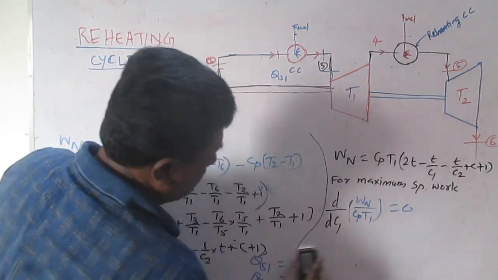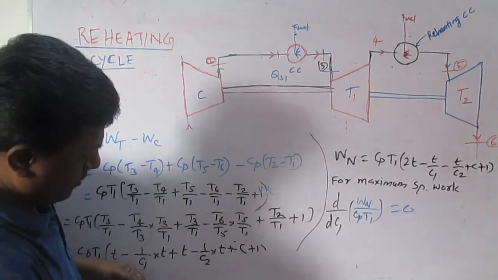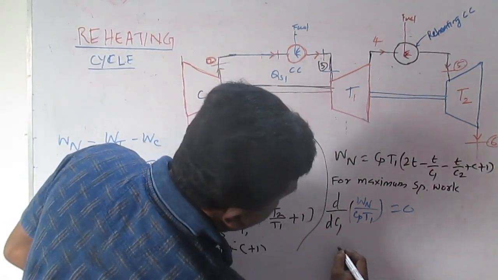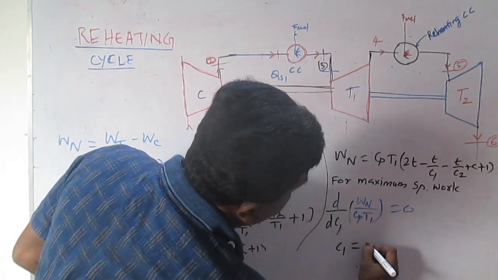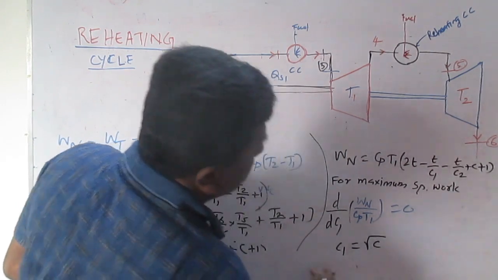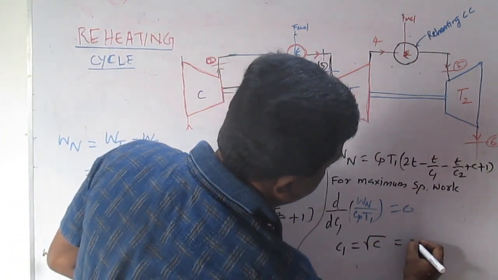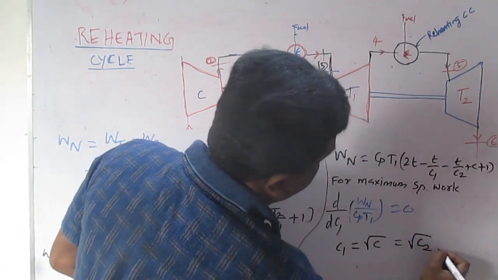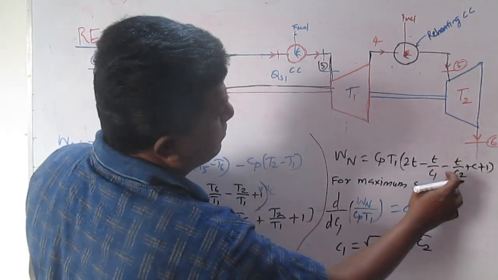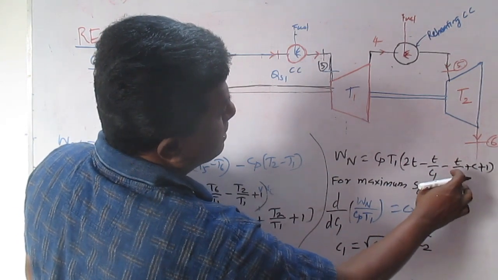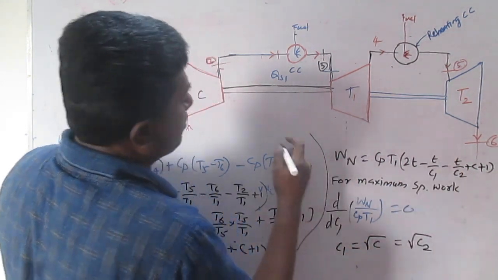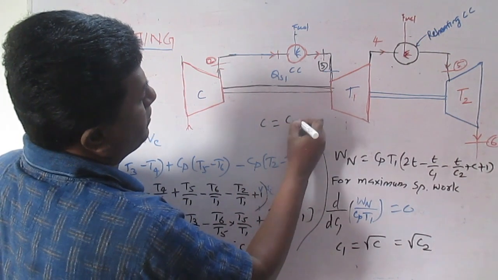So by doing this, we will be getting C1 equal to root C. When we say C1 equal to root C, then this is also equal to C2. Before differentiation, we need to change C2 into C1, because we know C equal to C1 into C2.